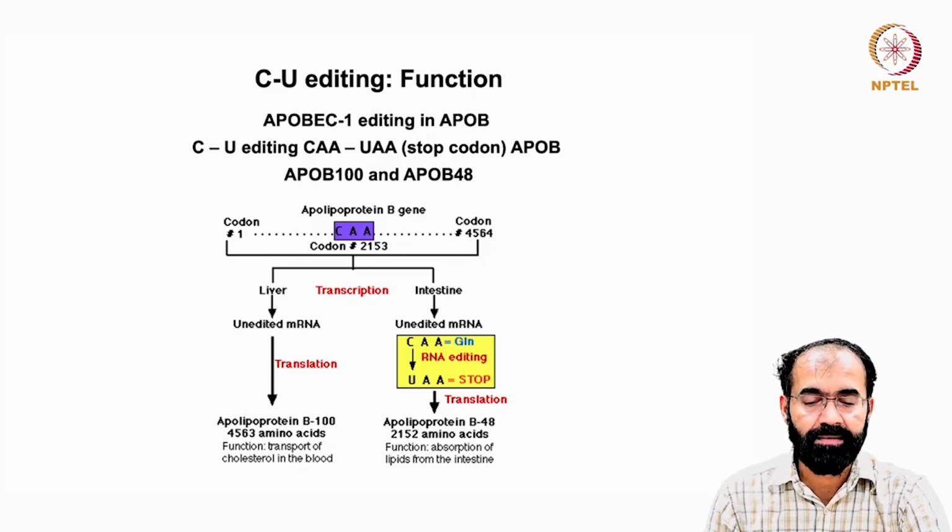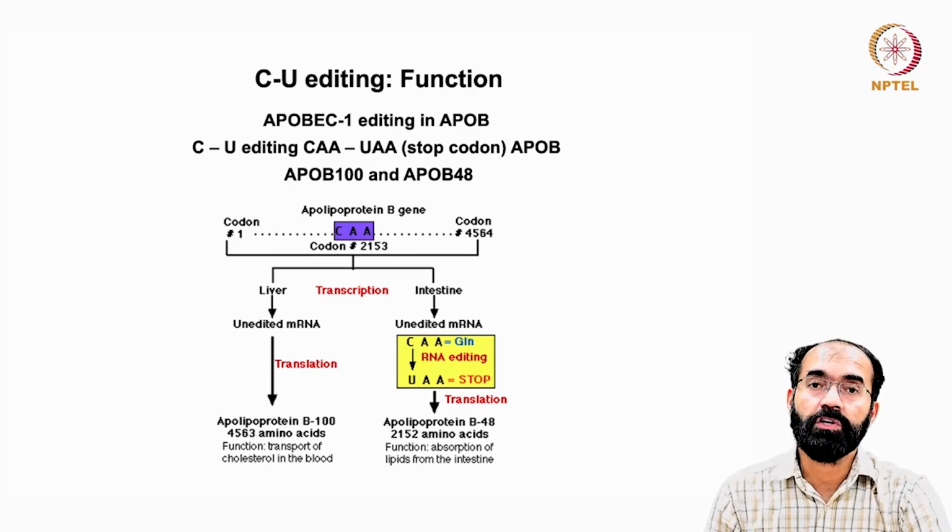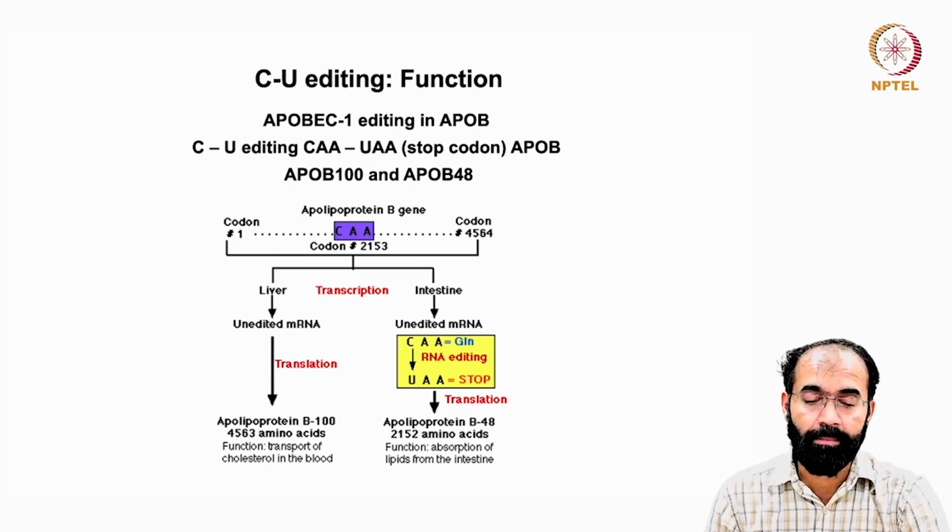Whereas in intestine, an unedited RNA is usually produced which undergoes editing with the help of ApoBec, and this will introduce a stop codon, and this stop codon will stop the translation. So the mRNA will terminate its translation prematurely, and this apolipoprotein B is apolipoprotein B48, which has around 2152 amino acids, and its function is totally different.